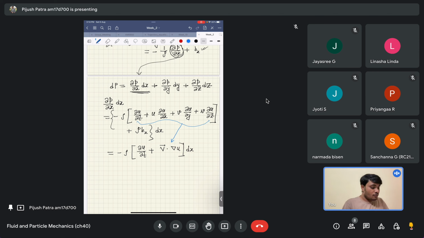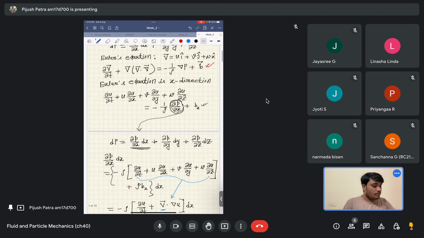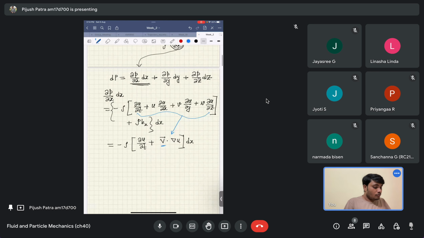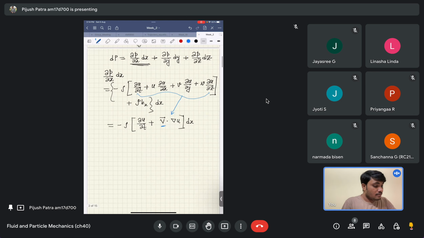If you substitute this v as ui plus vj plus wk, and this gradient operator here in Cartesian coordinates is ∂/∂x of i plus ∂/∂y of j plus ∂/∂z of k.